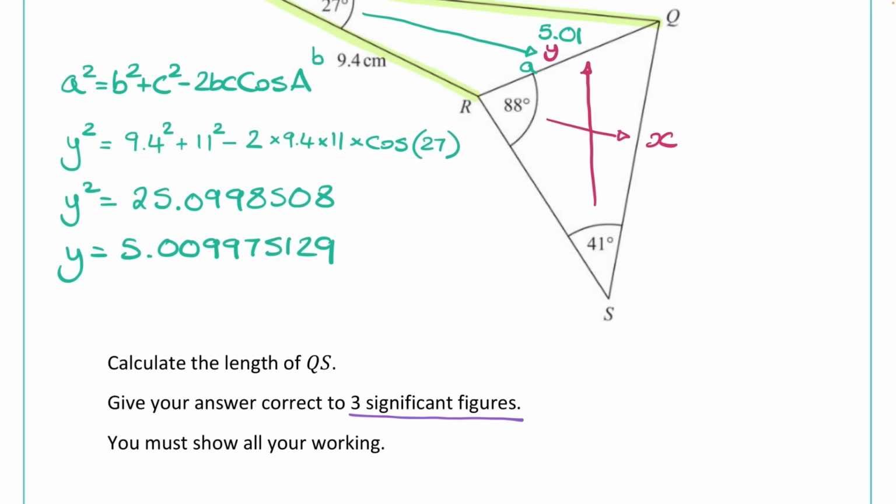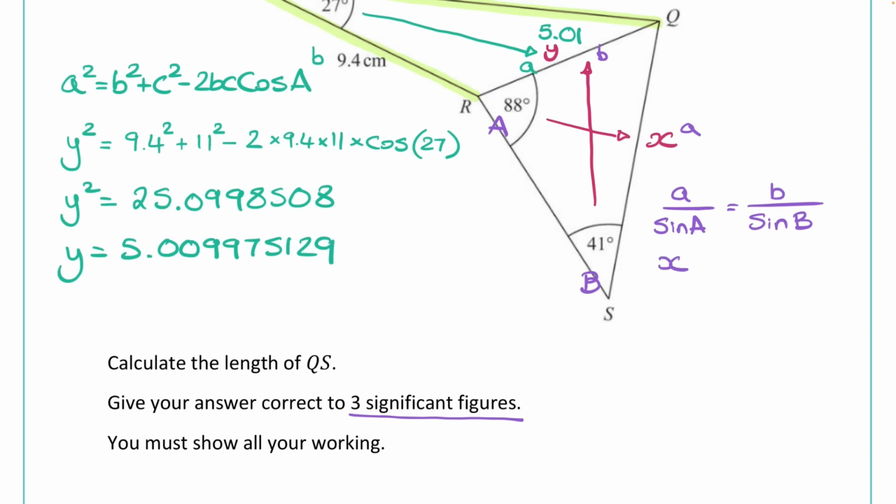So I want to label this up with my sine rule, and the sine rule for a side length is a over sine big A is equal to b over sine big B. So I want to label x with my a, 88 will be my big A, and then the other side that we have, little b, and the angle here, big B. So I put all my pieces in place.